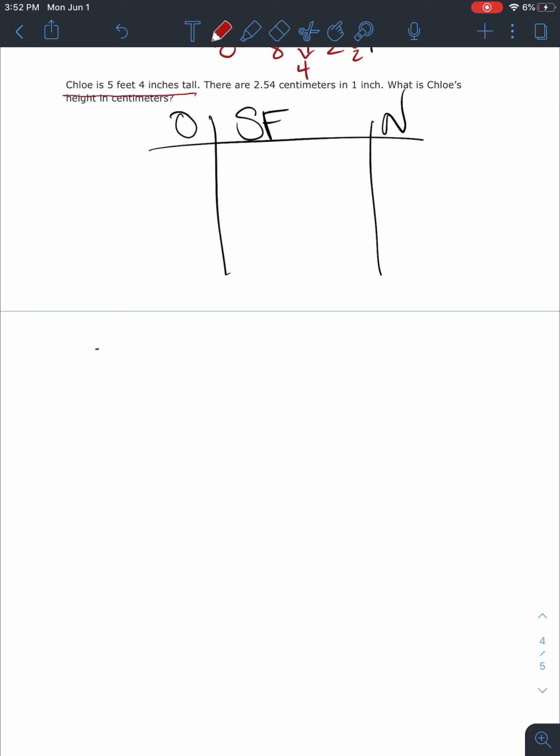So what I want to do is convert first 5 feet into inches. I didn't mean to spell inches that way. Tried to fix it and I messed it up more. Okay, so we're going to develop this thought process, and I'll show you how this works if I'm building this table again and using that information.